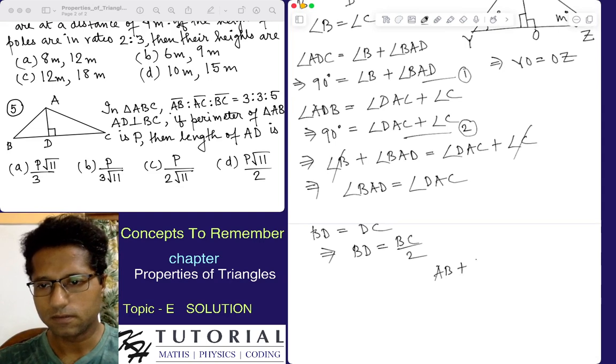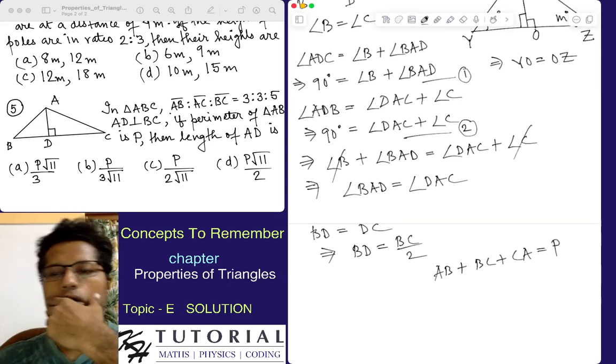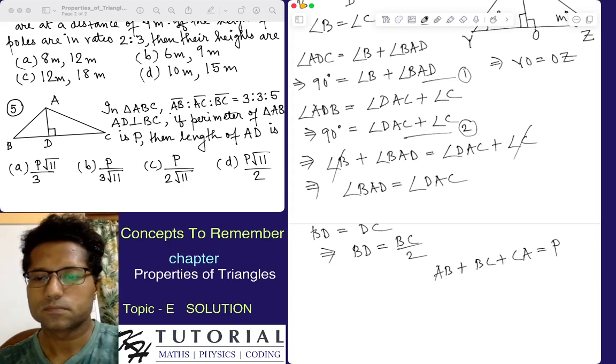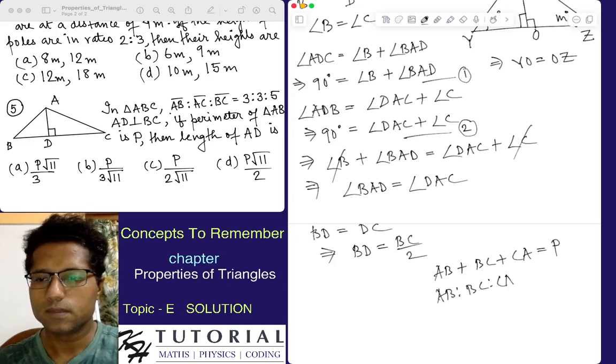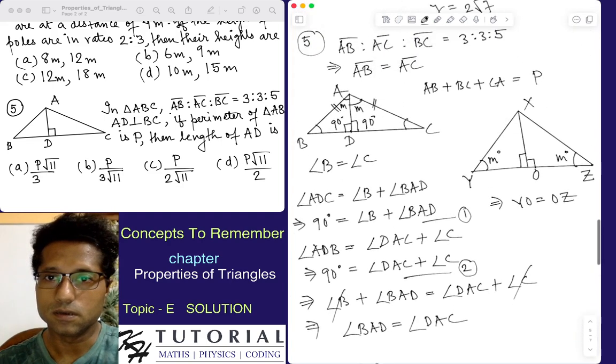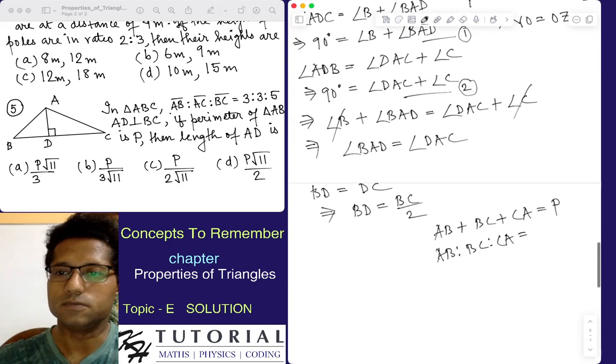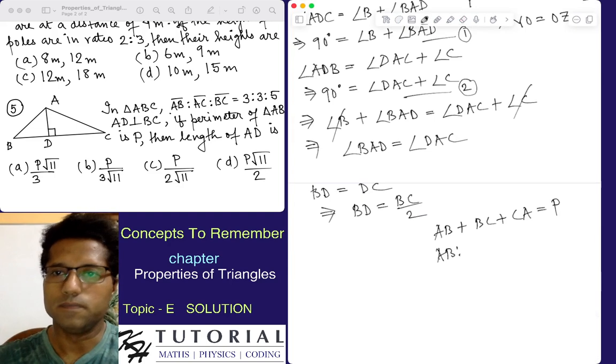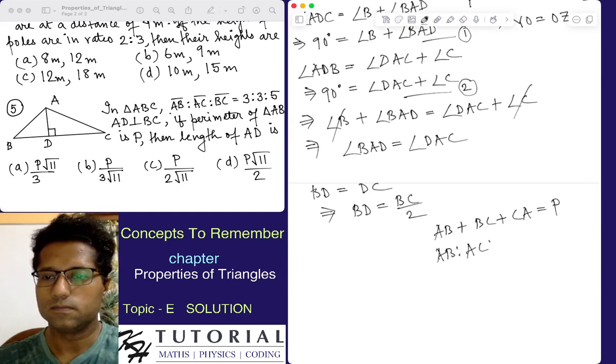AB plus BC plus CA equals P, and we also know that the ratio AB to AC to BC is given to be 3:3:5.